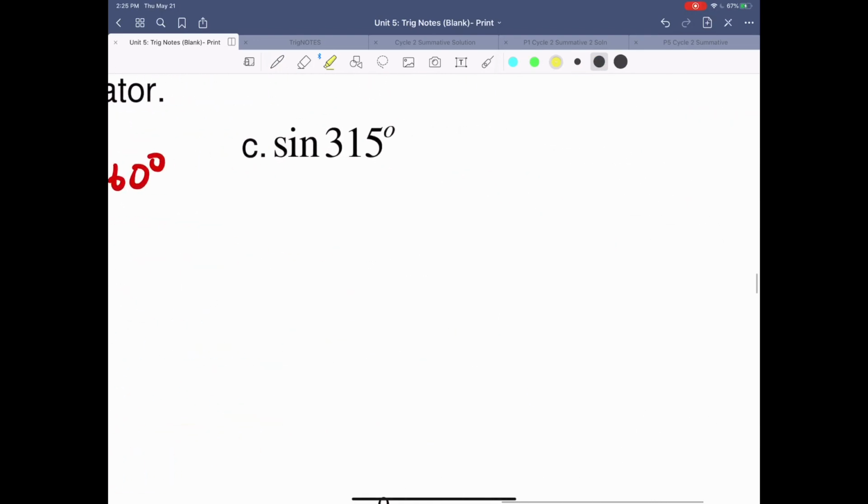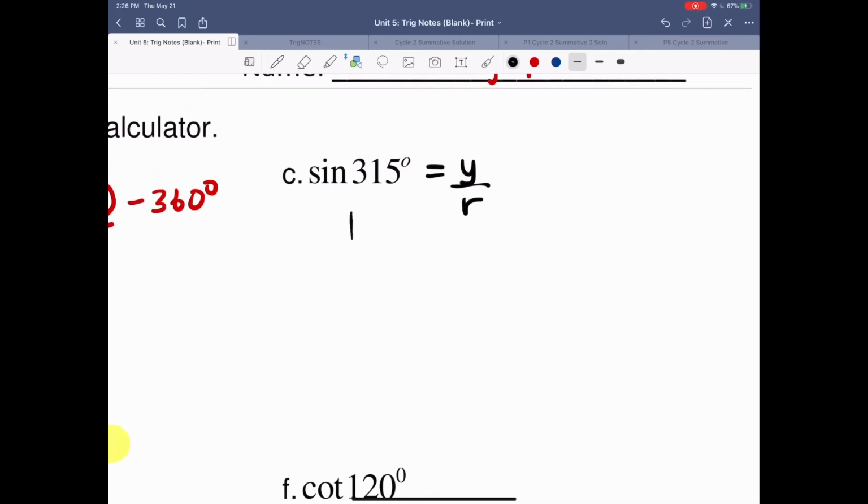Question C. So by definition, sine theta has a definition of y over r according to my circle and according to how I draw my right angle triangle. So when I draw my x and y axis, my principal angle is, my terminal arm is going to end up right there.